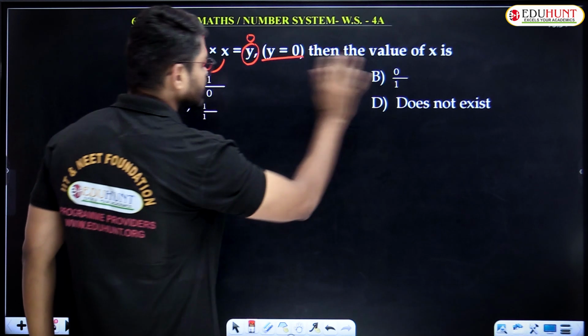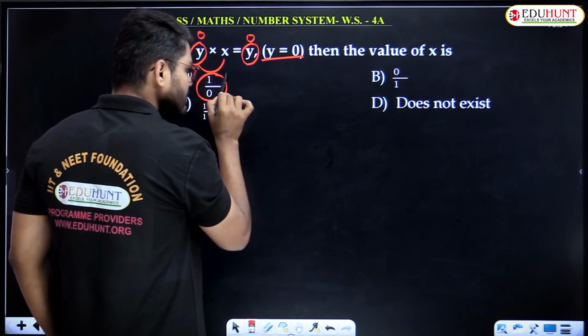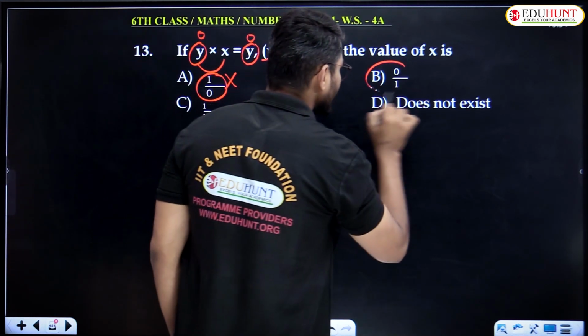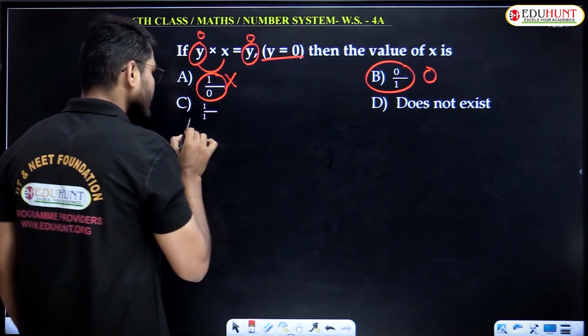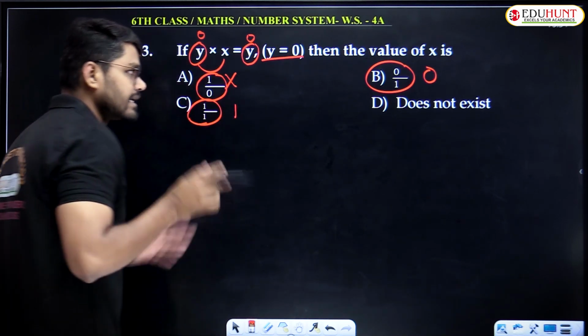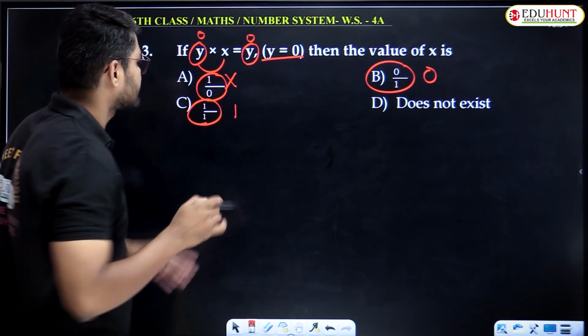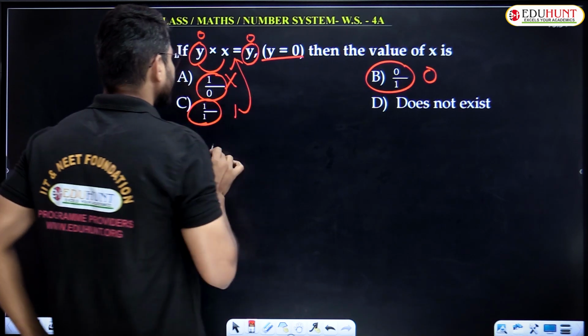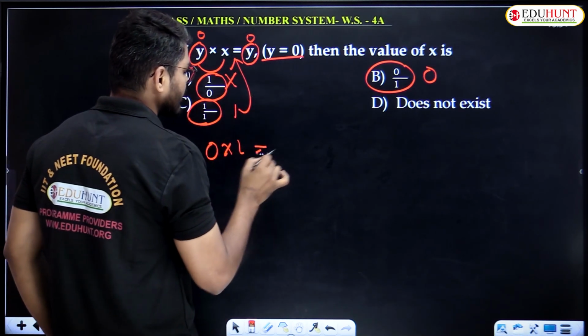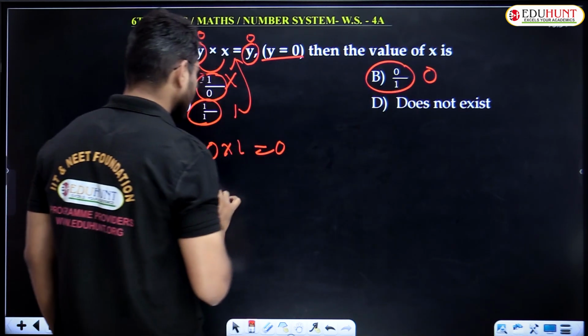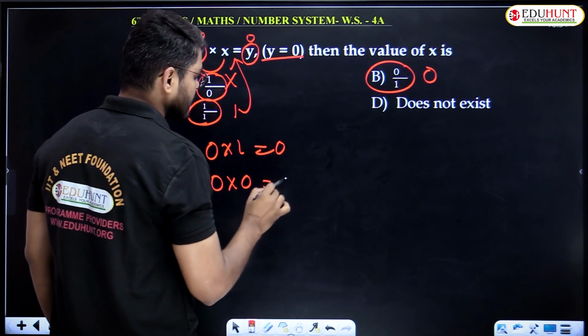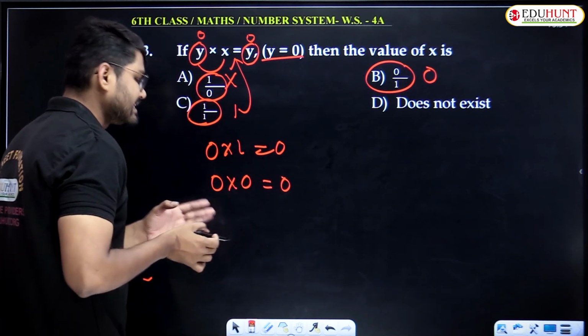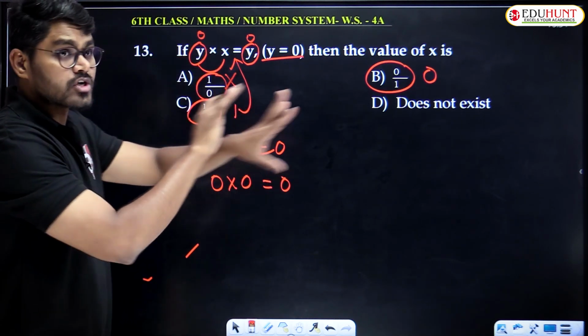That means check the options. 1 by 0, it is not possible. 0 by 1 is 0, and 1 by 1 is 1. Here in this case, I can put 1 because 0 into 1 is equal to 0. I can put 0, 0 into 0 is equal to 0. Here, in this case, x does not exist.